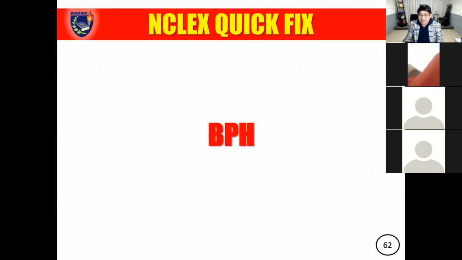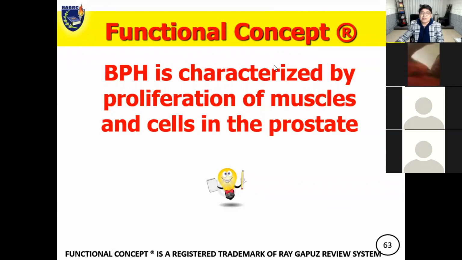In BPH, a common observation is that there's proliferation of muscles and cells in the prostate. A lot of people say that if it doesn't bother them, they usually don't get a consultation. But there's a great chance that this could progress and eventually alter the patient's urinary functioning.